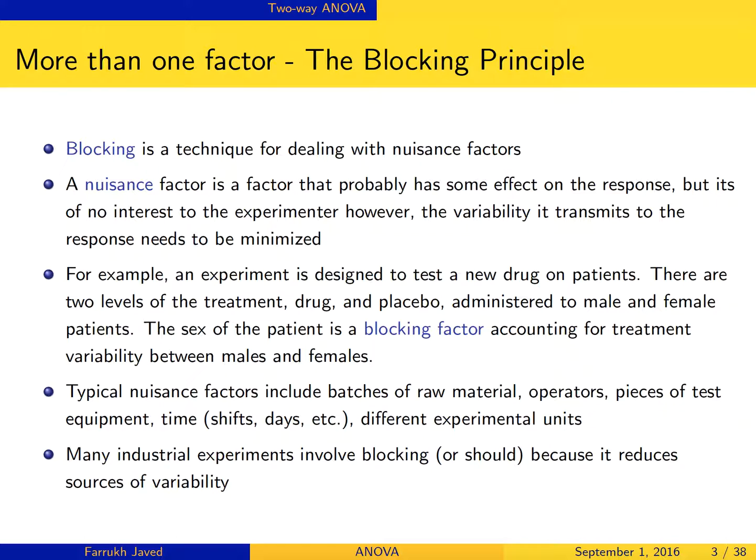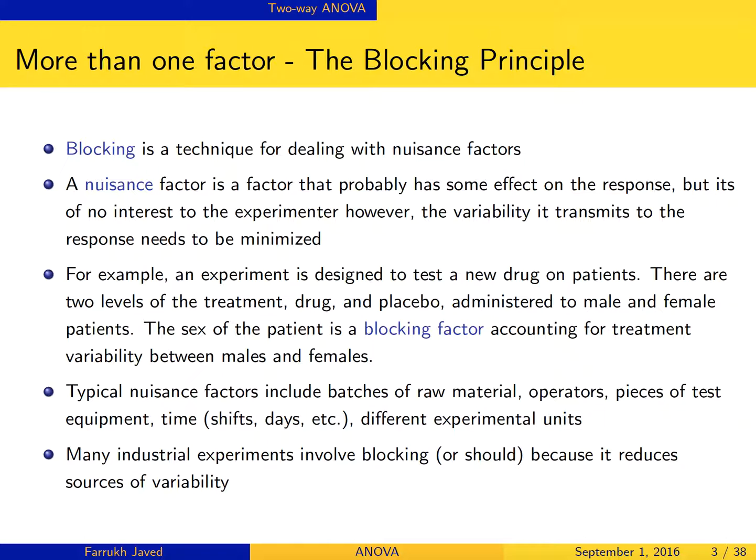Now, very important, I need your attention here. You have two factors at different levels, and you were applying those factors on the response, which was your patient. But you are only interested in investigating one of the factors, not both.